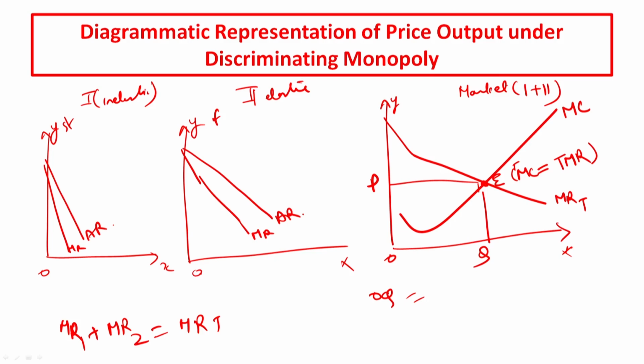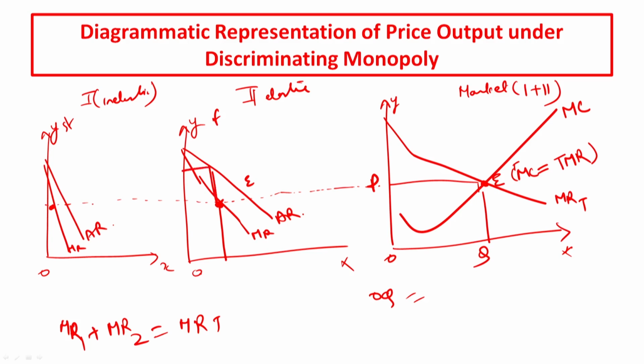Then you shift this line in order to find the equilibrium for the other markets. That means the same line needs to be extended. This line coming this side is the marginal cost line. It cuts at this point and at this point. Where it cuts is the equilibrium point for the second market, and this gives you this much output, and you extend it to touch the average revenue.